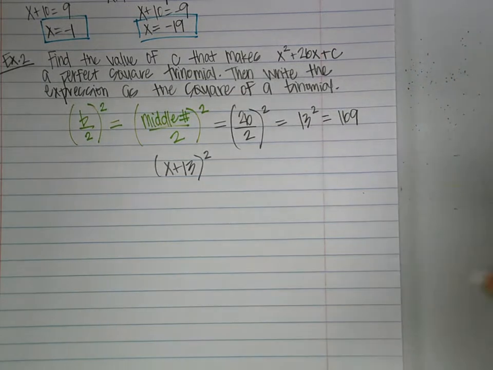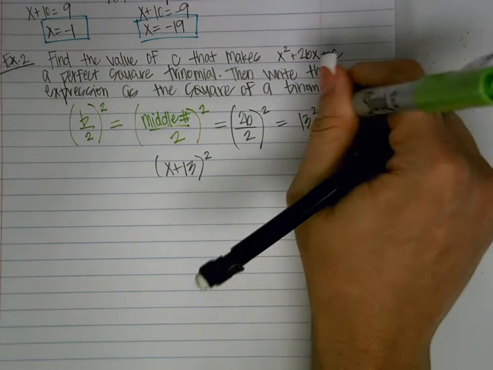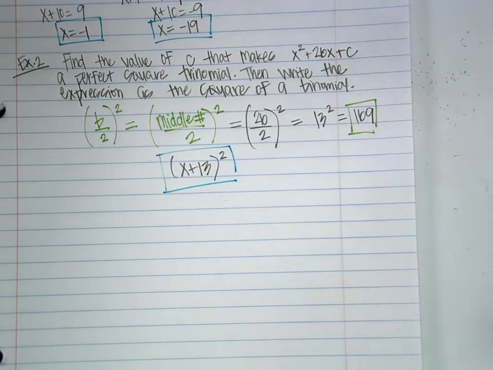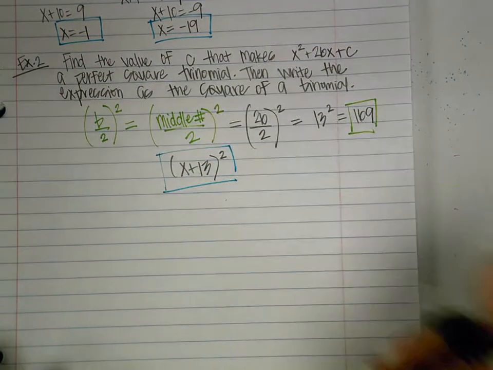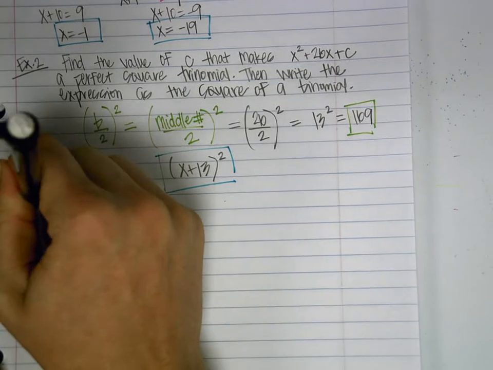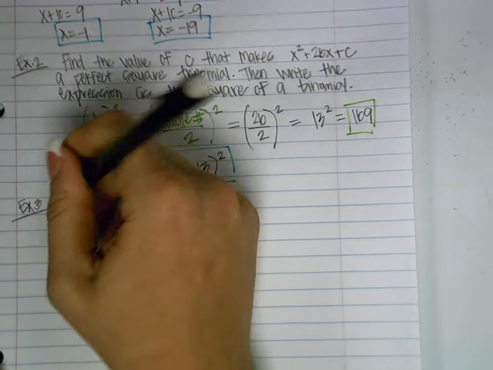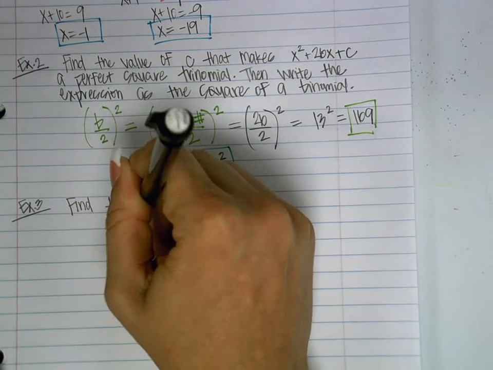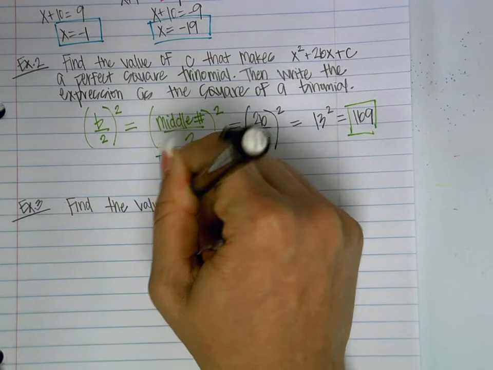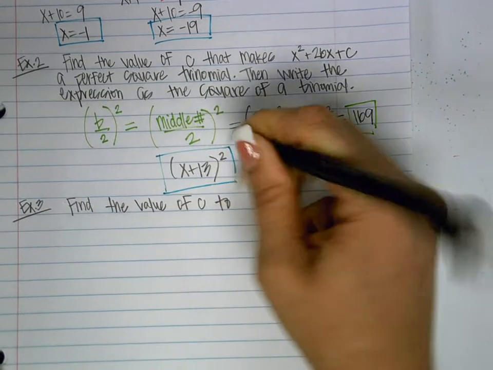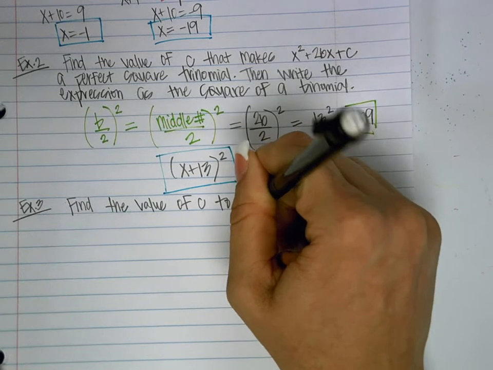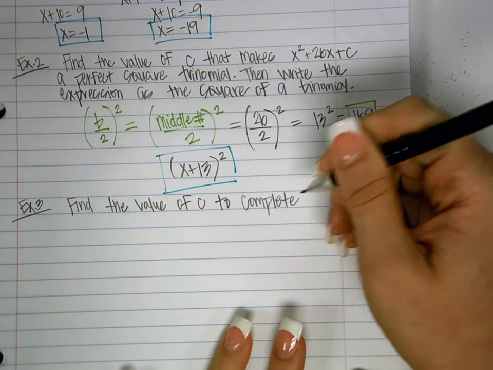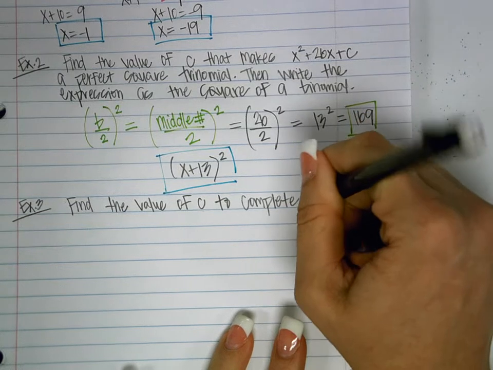So here, this was your first answer, and this is the second answer. Okay, let's try another one. For number 3, again, I want you to find the value of c to complete the square. This whole thing is called completing the square.